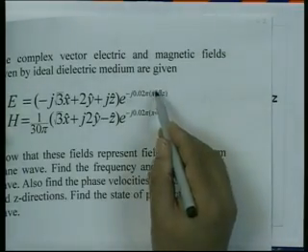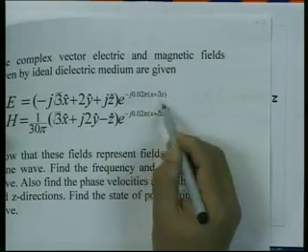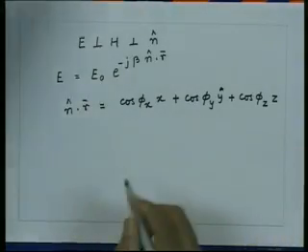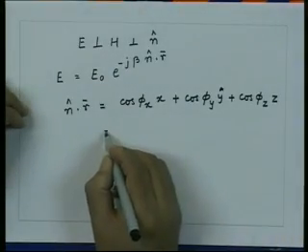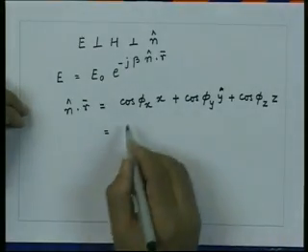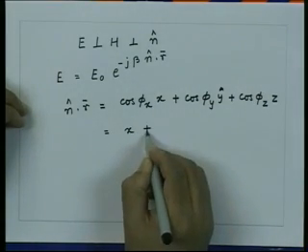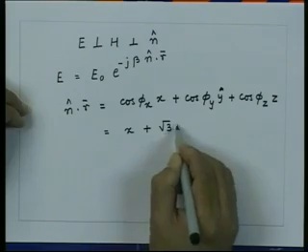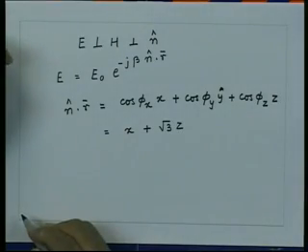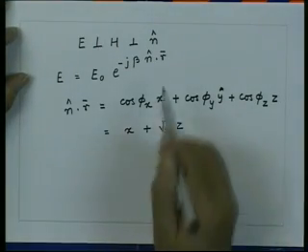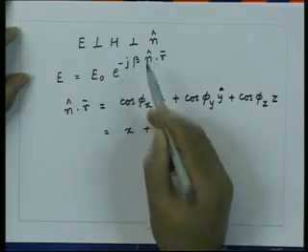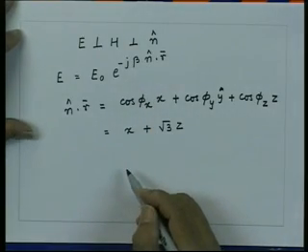First of all, we take this quantity and compare it with this. That gives x plus root 3 z, and as we know, n should have a magnitude of unity.